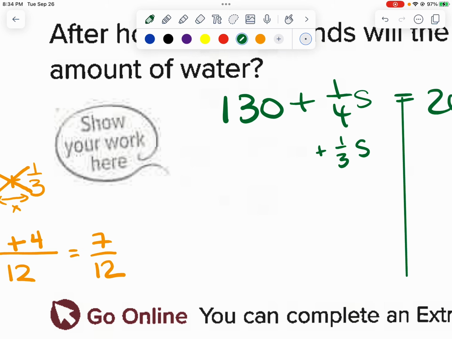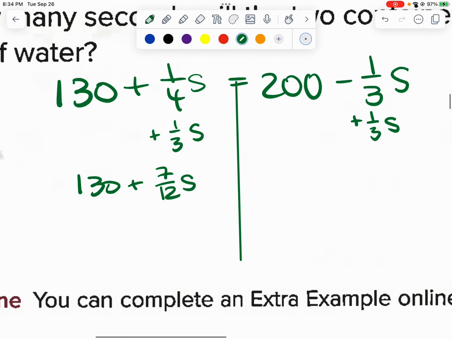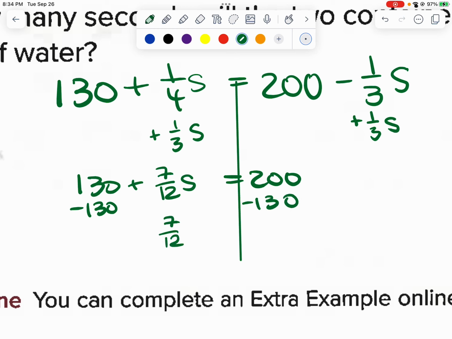So that means I'm going to have 130 plus 7/12 S equals 200. Subtract 130 from both sides, and I get 7/12 S equals 70. I'm going to multiply 12 on both sides to get rid of that denominator that you guys don't like. 7S equals 840.